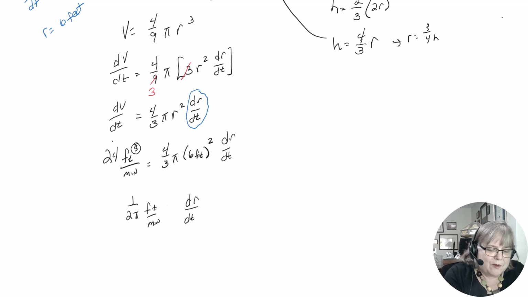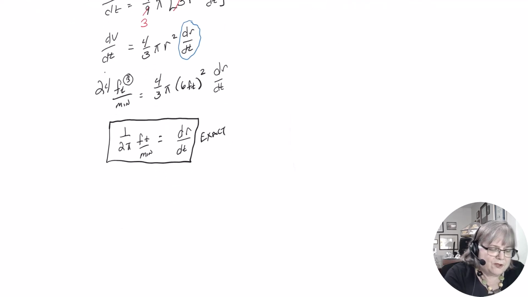Now, this is if you want an exact value. But if your instructions say to round it off to, say, 3 decimal places or something, you can run this on your calculator, and rounding it off, you will get 0.15 feet.